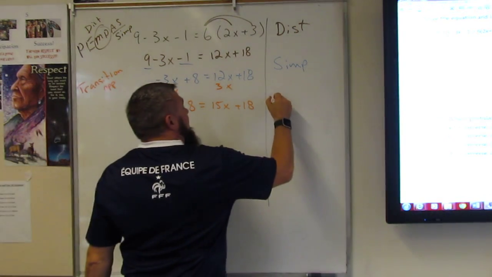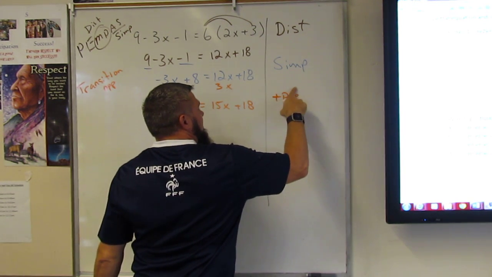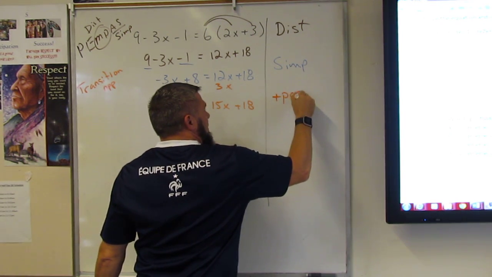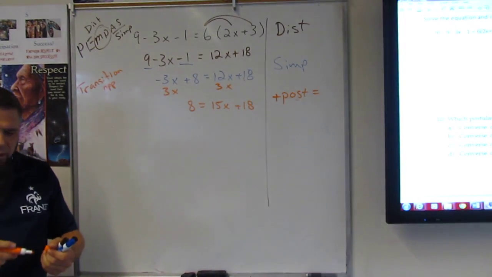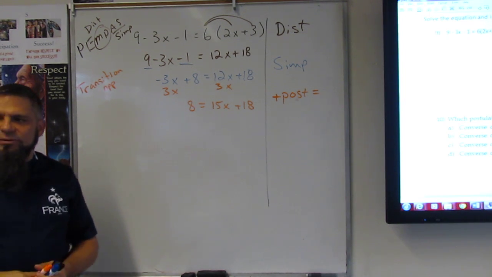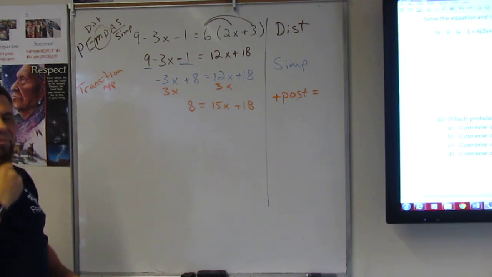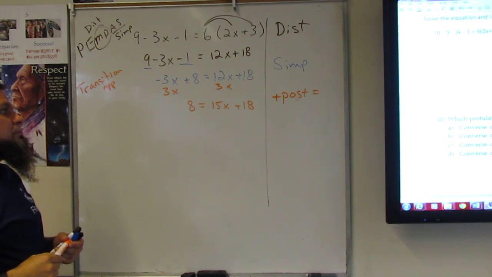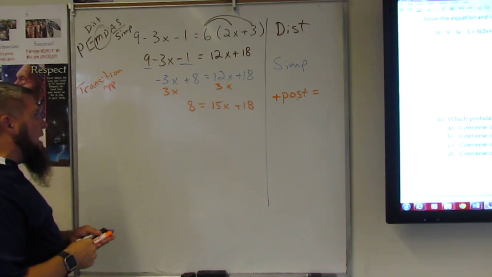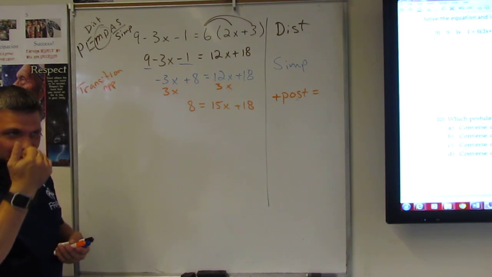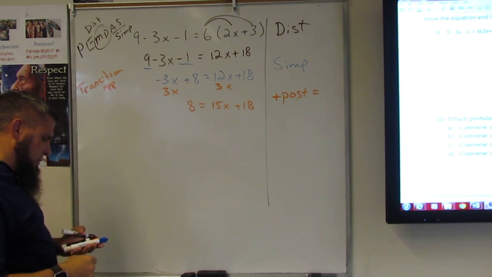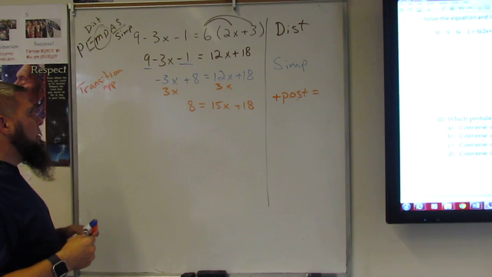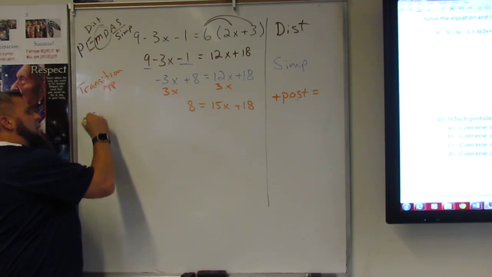So what that's called is the addition postulate of equality, or addition property of equality. Either one. Okay, now I'm going to do SAT-MET.